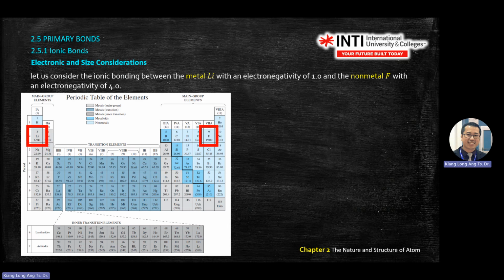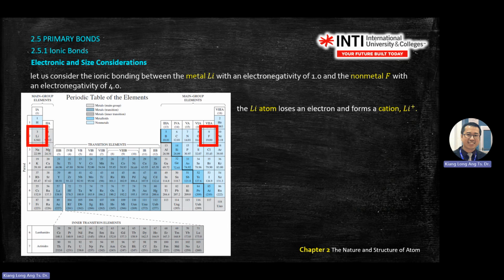So 1 and 4 you should be able to understand. The non-metal has 4 because it pulls electrons more easily. Lithium is more easily giving away, so its number is very low, only 1.